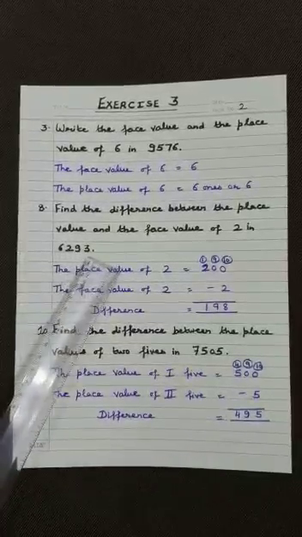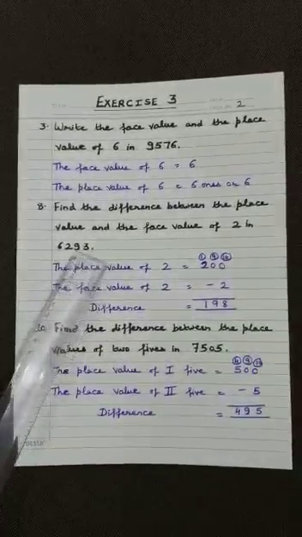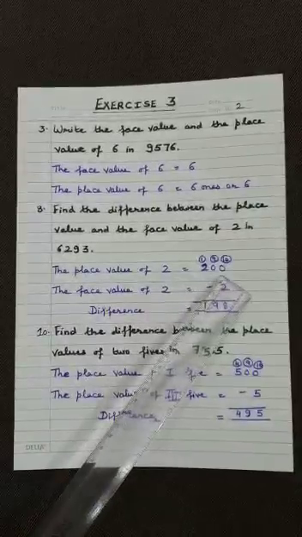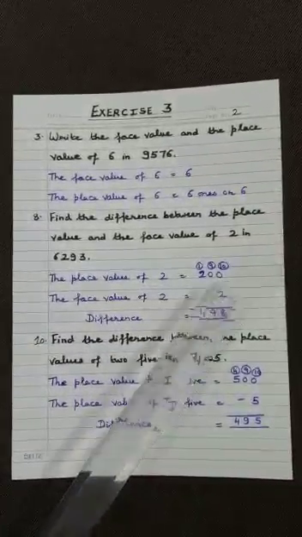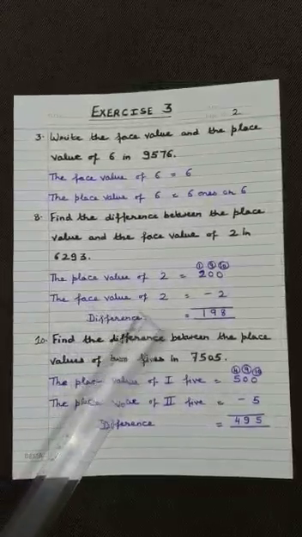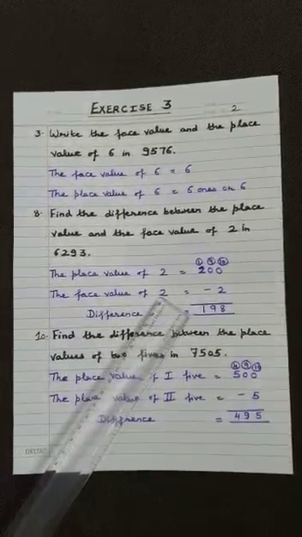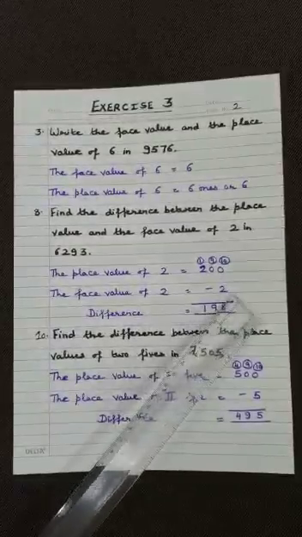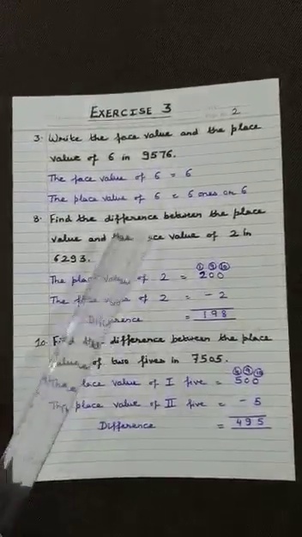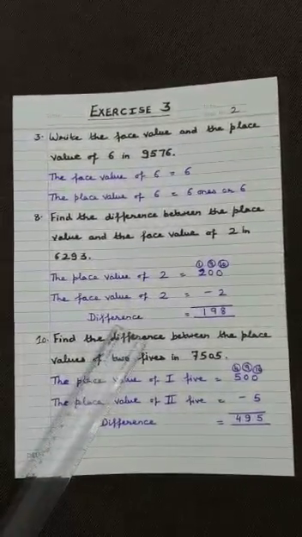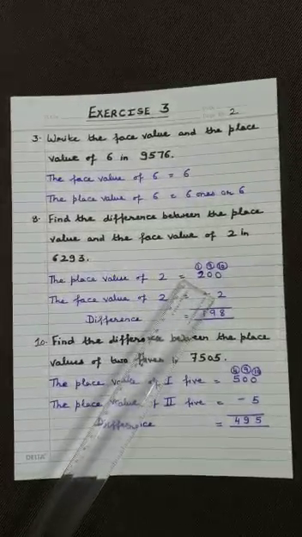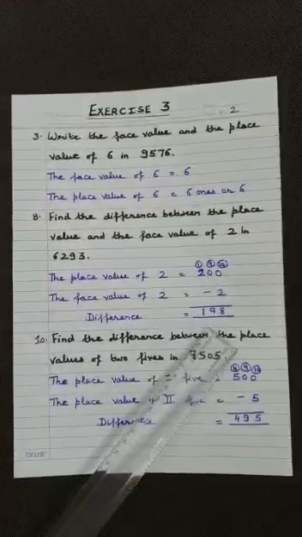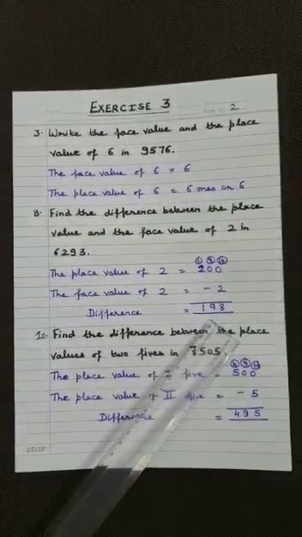After 2 you have 2 zeros, so write 2 zeros after 2. So the place value of 2 is 200. And the face value of 2, face value always remains the same, so it is 2. And difference means subtraction. So difference is equal to 200 minus 2. Answer will be 198.